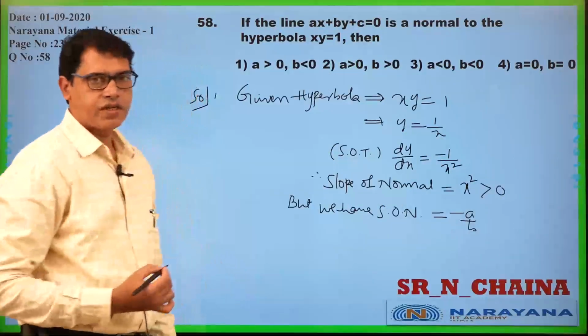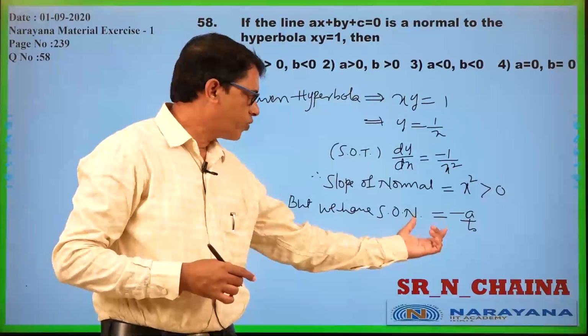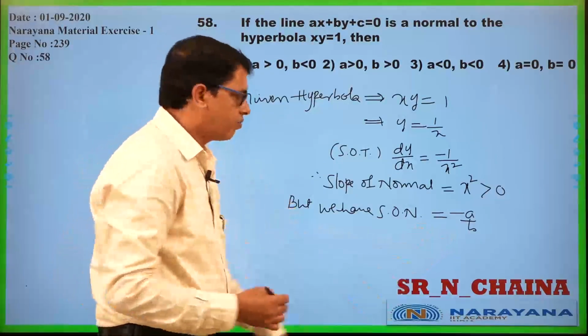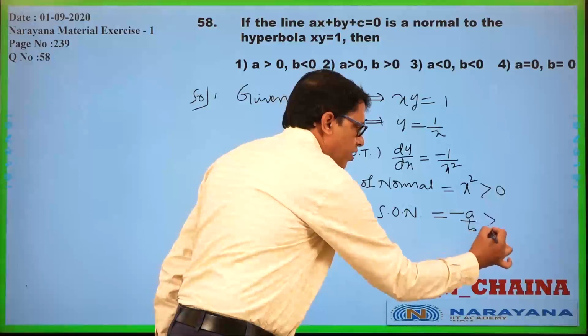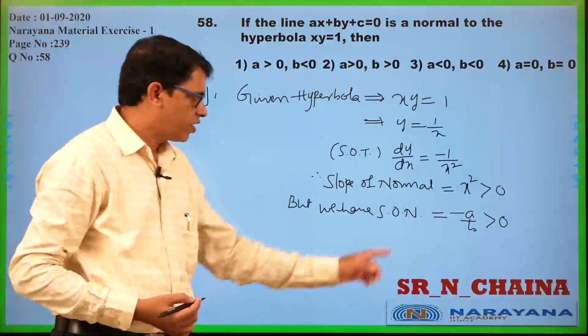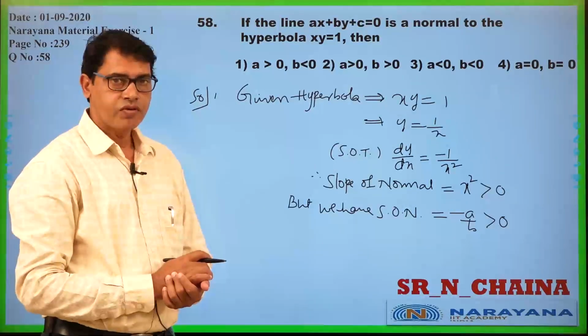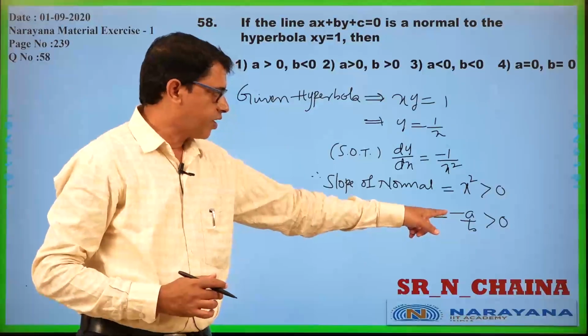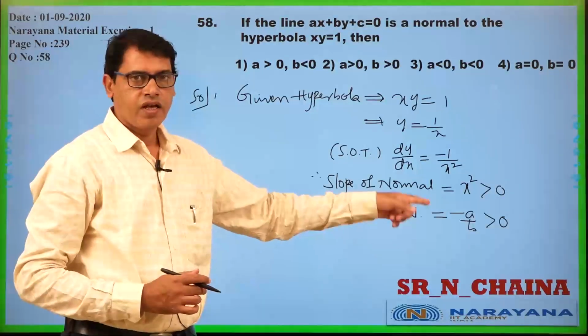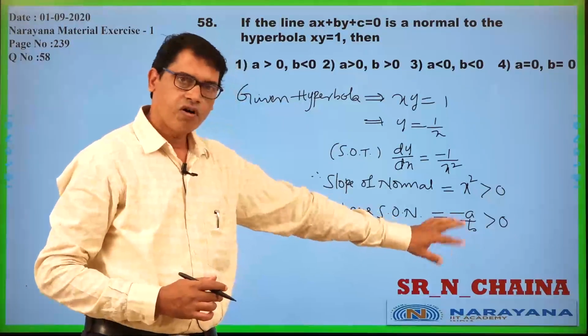So what is the condition? For the normal, the slope must be positive. Here I got the slope equal to minus a by b, which means the value of minus a by b must be positive. Here we already have a minus sign, so if the numerator is positive, the denominator must be negative, or vice versa.